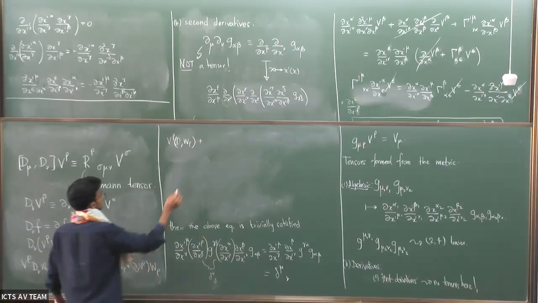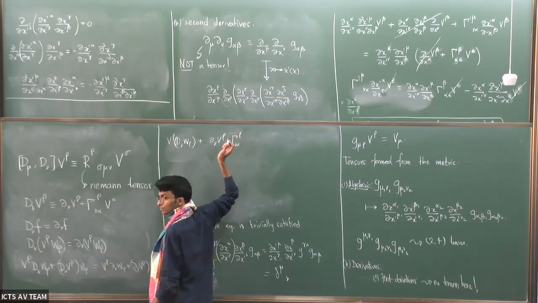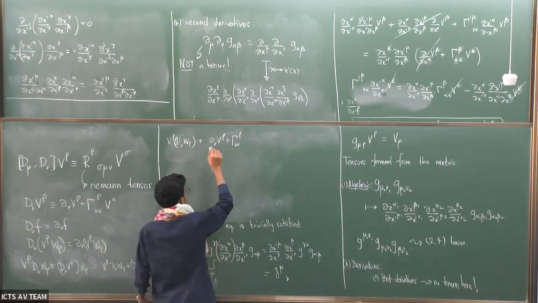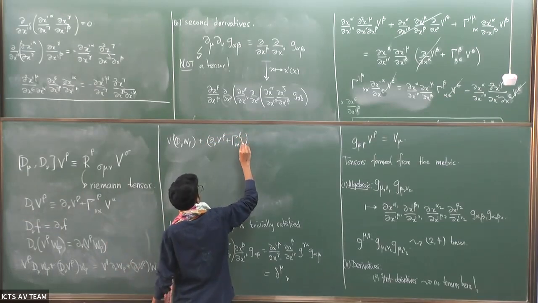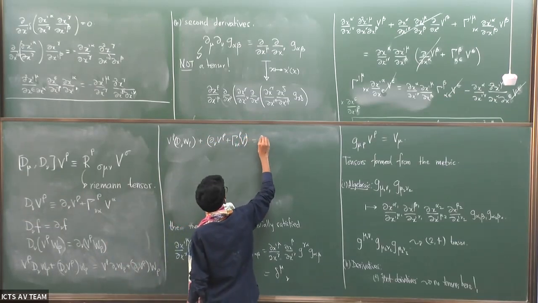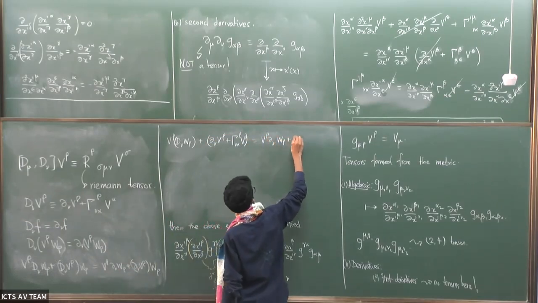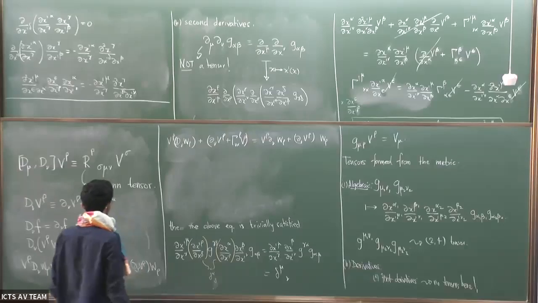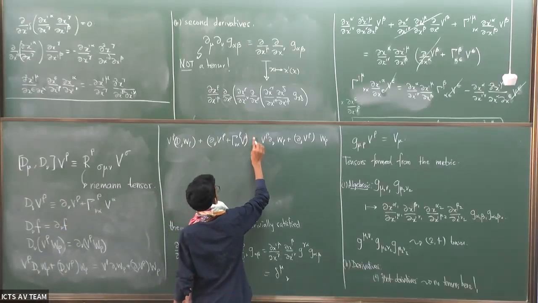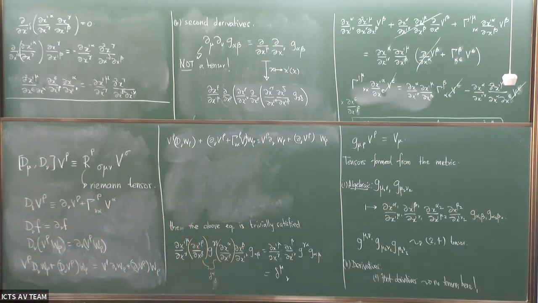D nu V rho is just this, so that's del nu V rho plus gamma V. W rho, yeah, W indeed. Make sense? Don't get confused about what I'm trying to do. I'm just trying to define the covariant derivative for lower index objects.